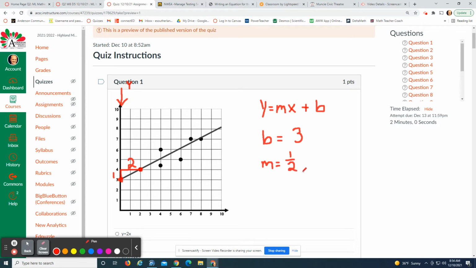The last thing I'm going to do is check, is this line going up or down, left or right? It's going up, so this is positive. So the equation I would write would be y equals 1/2 x, and since it's positive 3, we put plus 3.